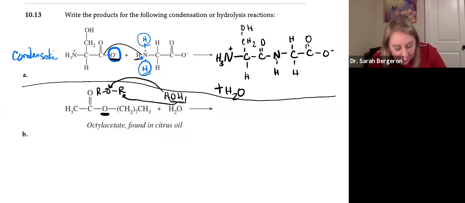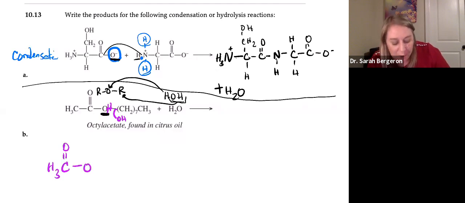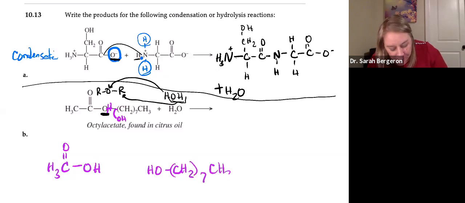I'm going to take a hydrogen and I'll attach it here. And then instead of that carbon, now that carbon is going to be bonded to an OH. So then just rewrite what you get. We're going to say CH3 double bonded to an O. Now, instead of that oxygen being bonded to the next carbon, we're just going to put an H. And then here, we're going to start with our OH and bond that to our CH2, and we're going to have 7 of them in a row, and then CH3.